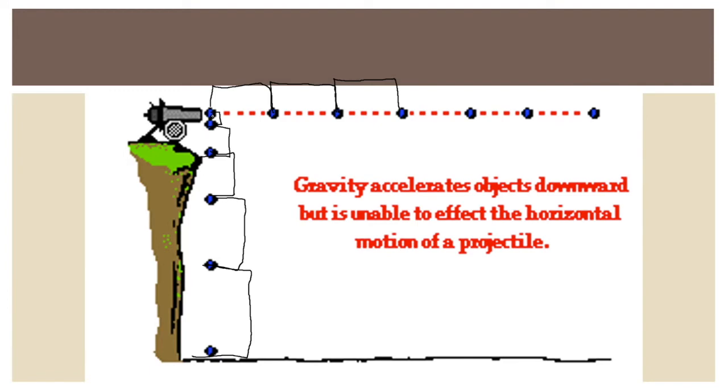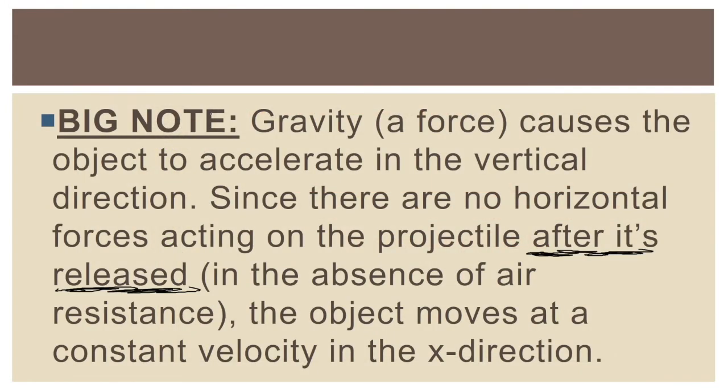But the second the cannonball leaves the cannon, it no longer has that force acting on it, and so the object moves in the x direction at a constant velocity. Take a second to pause this video and write that down, and when you hit play, we'll talk about how we're going to solve these problems.